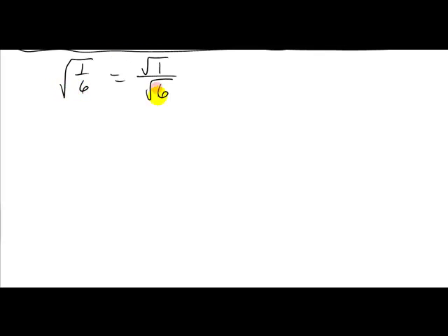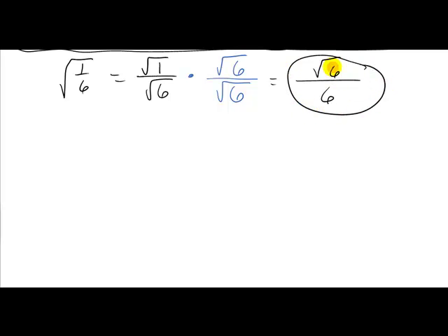For this, we need it to be separate like this, and then we will come in and multiply, rationalizing that denominator, and then we will continue with the multiplication, and then there is our answer. And again, the square root of 6 is not the same number as the whole number 6, so this cannot be simplified anymore.